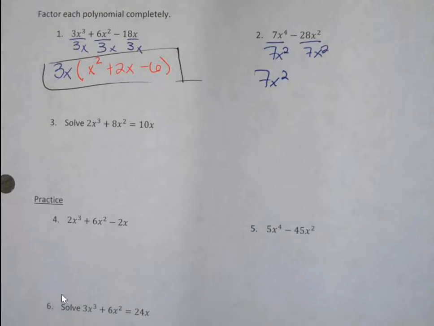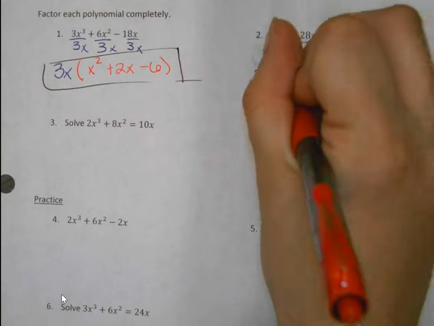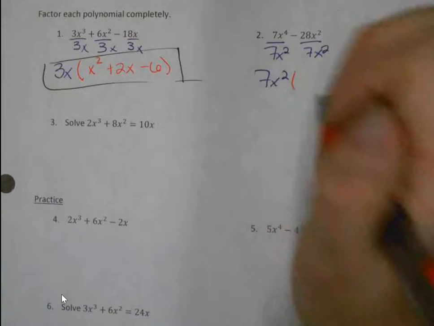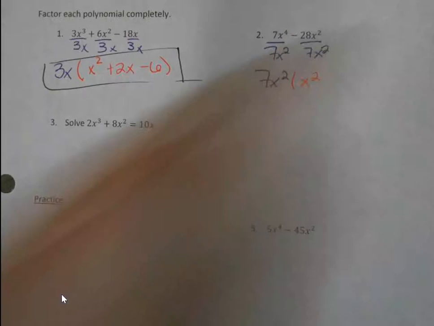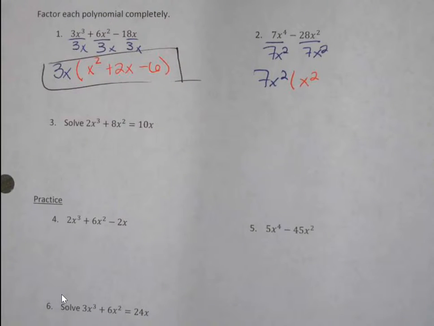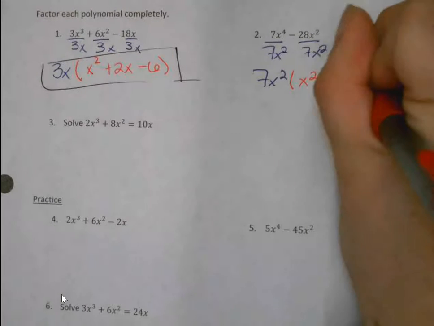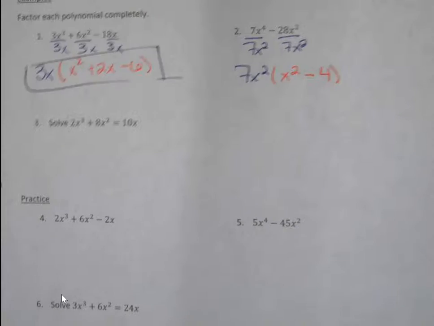What is 7x to the 4th divided by 7x squared? Just x squared, because I subtract the exponents and the 7's cancel out. What is negative 28x squared divided by 7x squared? Negative 4. Can I factor this one more?